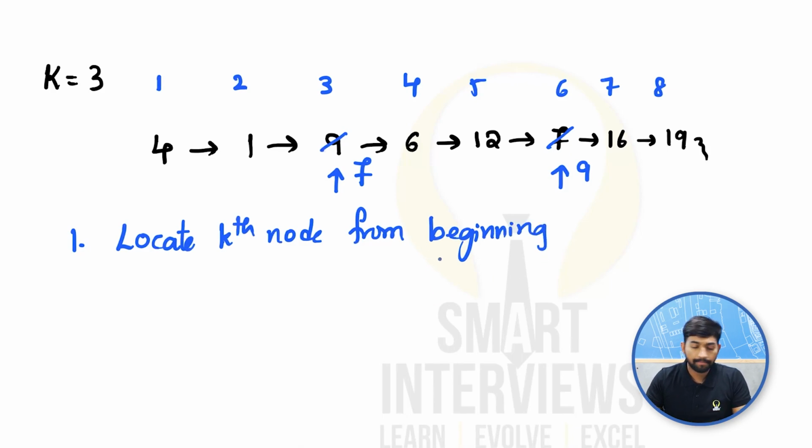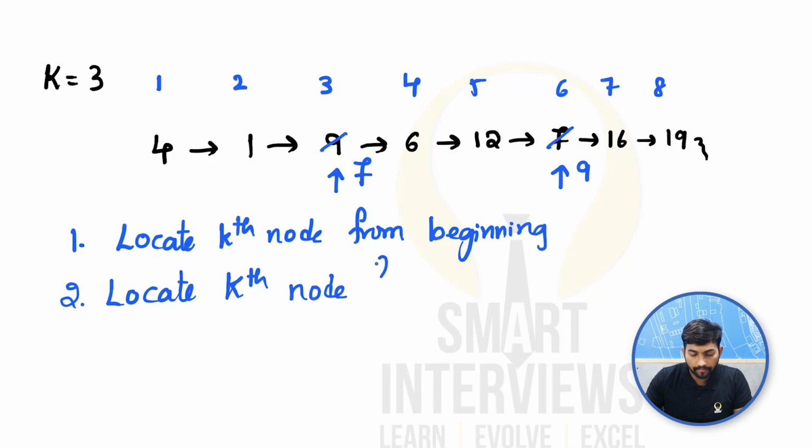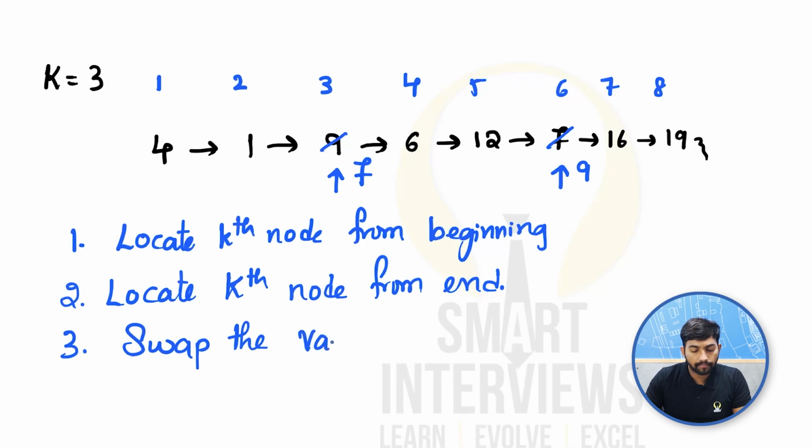Second step, we'll have to locate the kth node from the end. Then we simply swap the values of these nodes. That's it. These 3 steps and it will be solved.